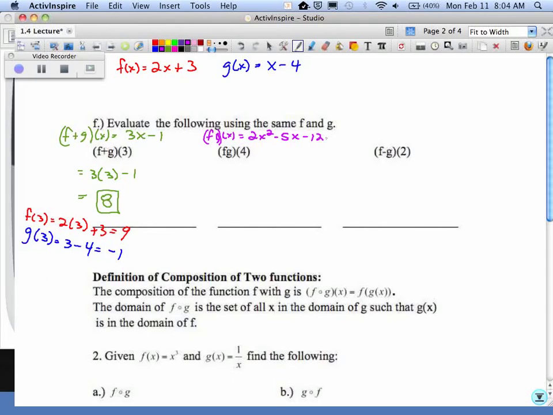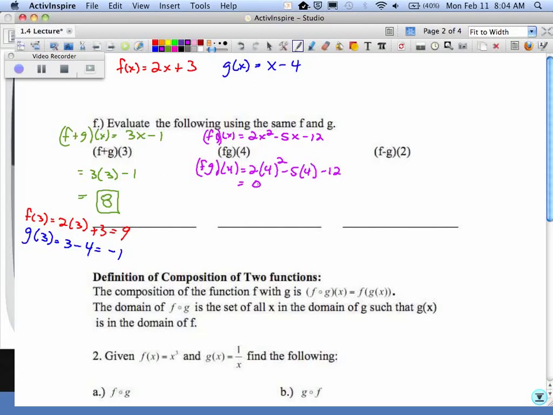So when I plug in 4, I get 2 times 4 squared minus 5 times 4 minus 12. So this is 16 times 2, which is 32, minus 20 minus 12, right? So I'm getting a 0.